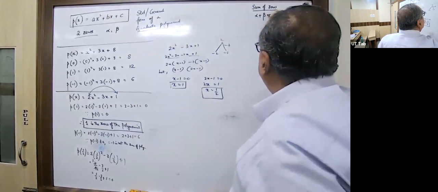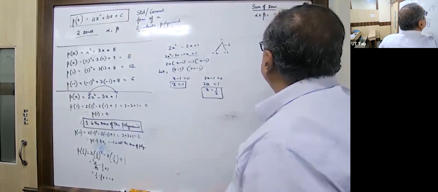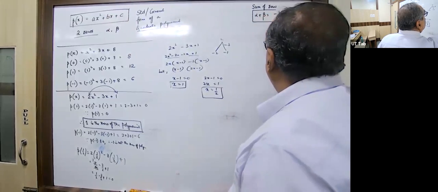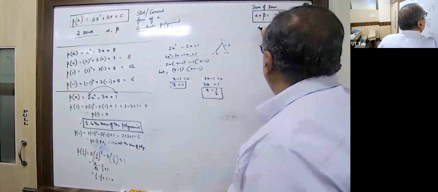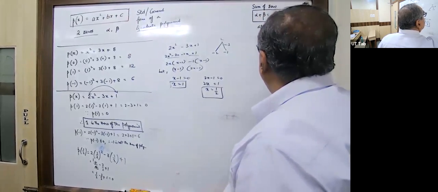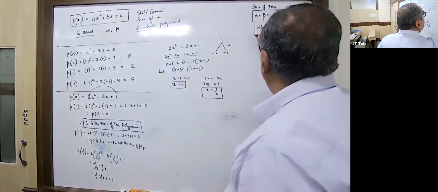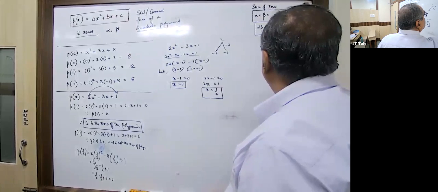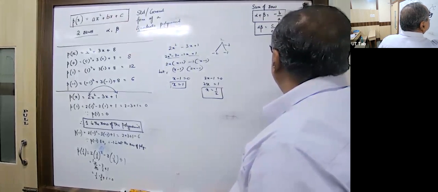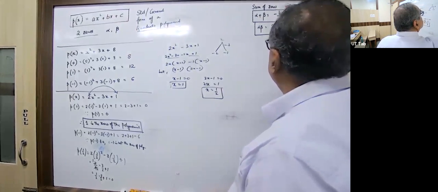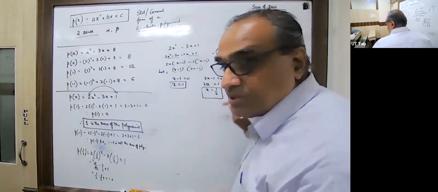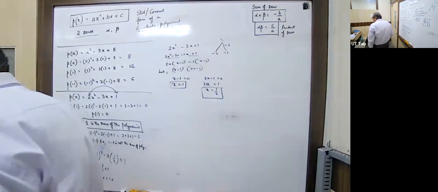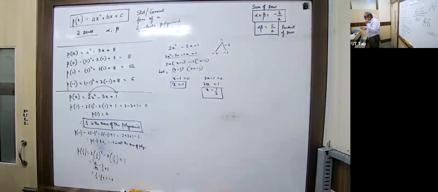Alpha plus beta is minus b by a. Alpha into beta is c by a. This is called product of zeros. This is sum of zeros. This is product of zeros. Now let us see how we are going to do this type of sums.